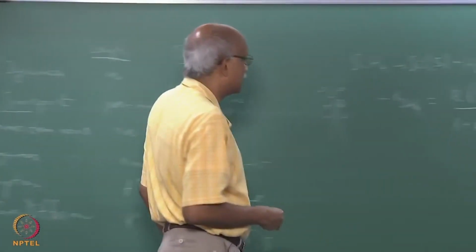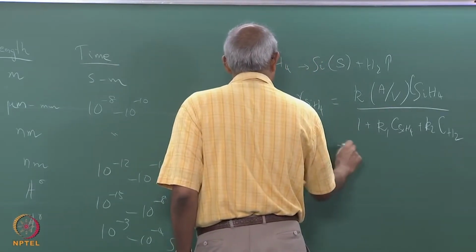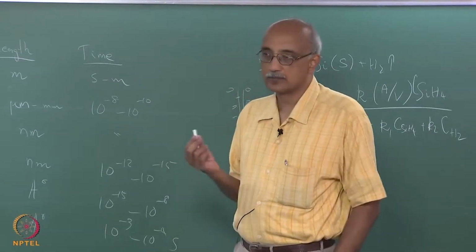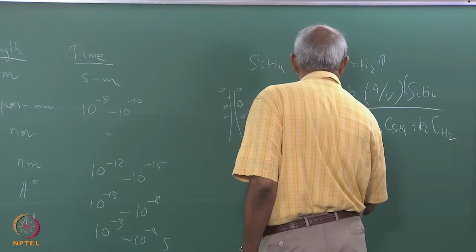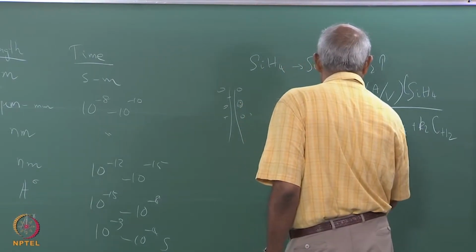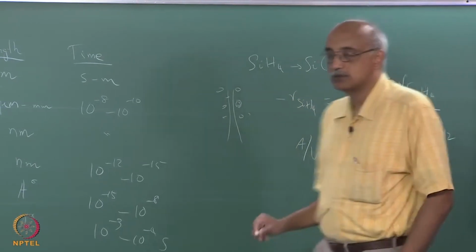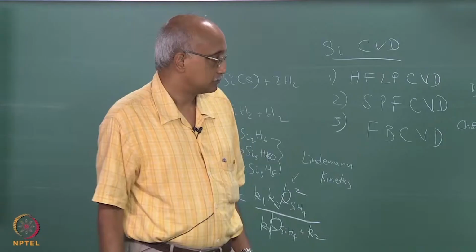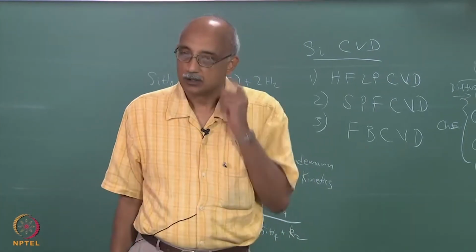The definition of this parameter A by V is that it obviously depends on the porosity. It is actually written as 6 over dP times 1 minus epsilon by epsilon, where dP is the diameter of the particle comprising the bed and epsilon is the pore fraction of the bed.